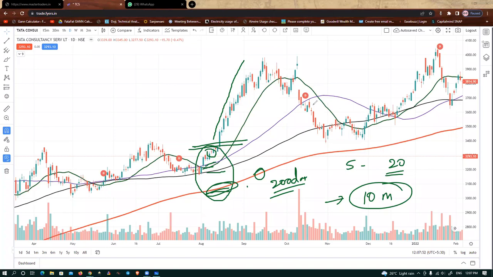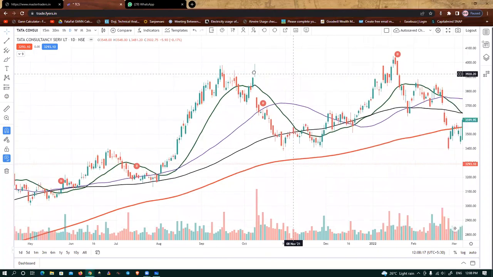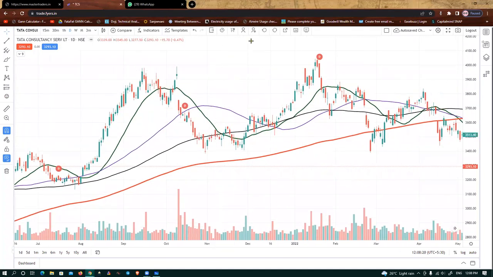Now you can see price is just above 10 months, but below all the recent averages. So intermediate downtrend, long-term uptrend. Here, price is here.